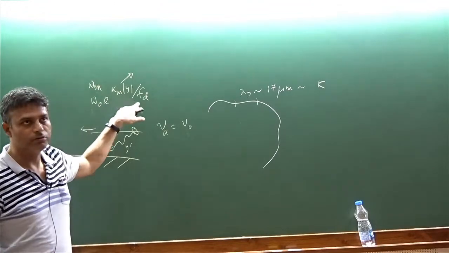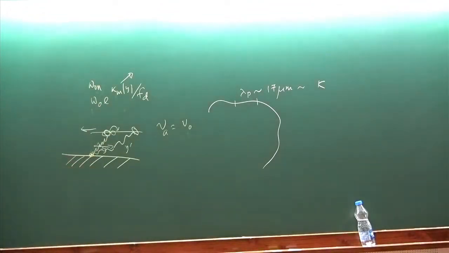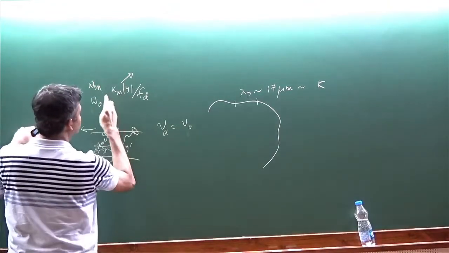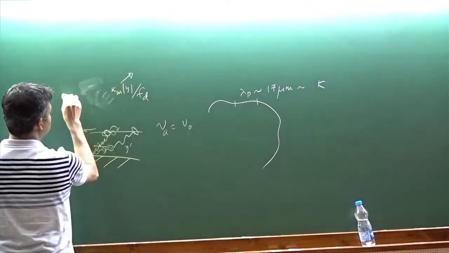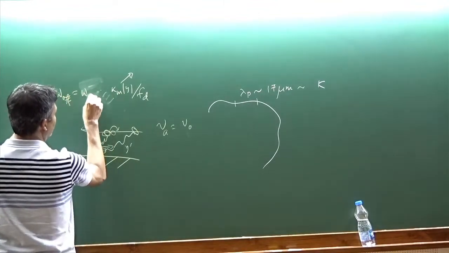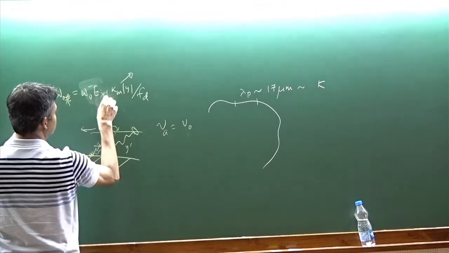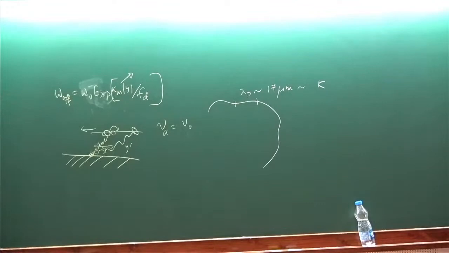No, this can stretch and detach. I thought the force dependence should be exponential. It is exponential. Probably I should write it more clearly. Oh, I see. Okay, all right. Yeah, it was not visible.